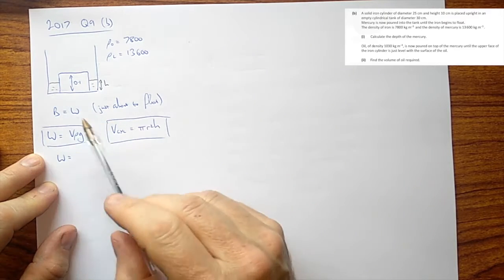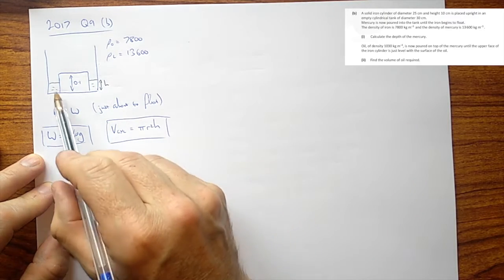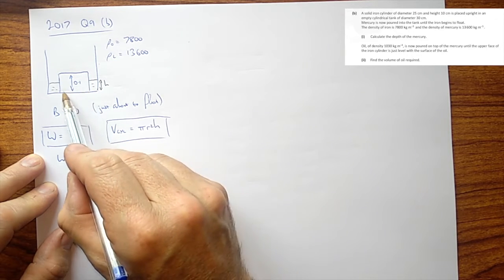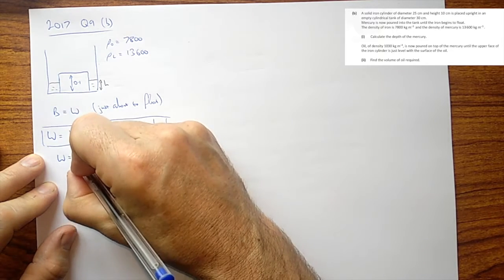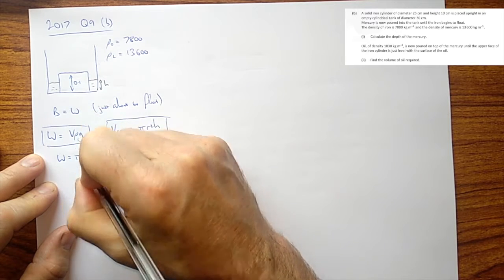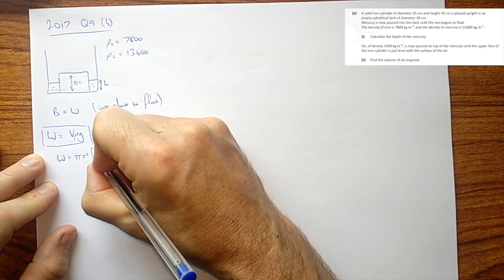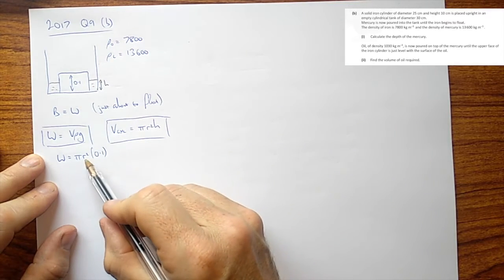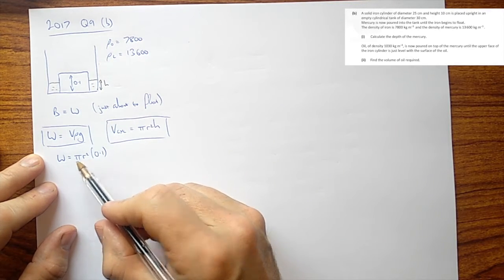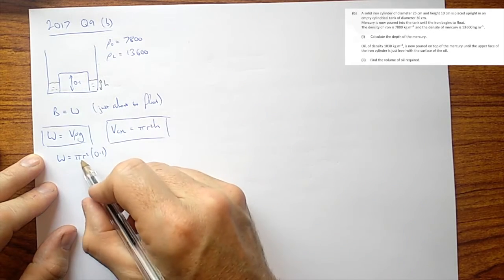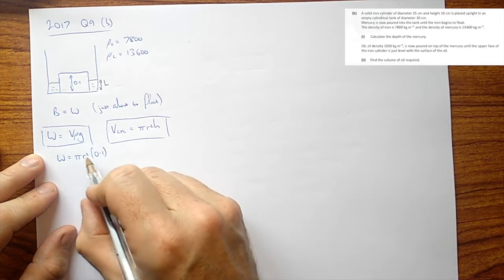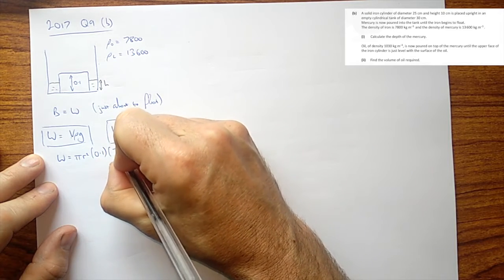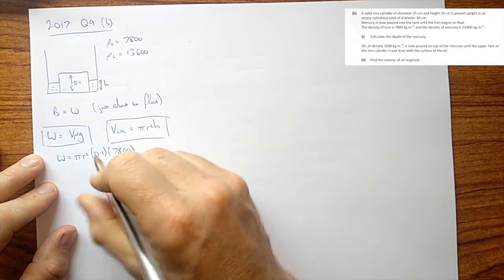Now, if we just pause for a moment before I lash in and make my life difficult, the buoyancy is going to be the volume displaced. So it's going to be the same radius. So I'm going to look at this as pi r squared, and then 0.1, the height here. That r squared is going to cancel later on. I could put it in as it's given in the question. I don't need it for the moment though. So the volume with the density, which is 7,800, by g.